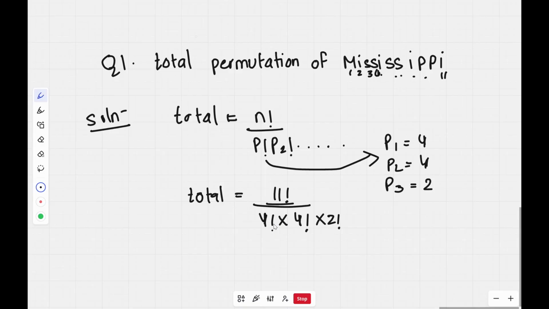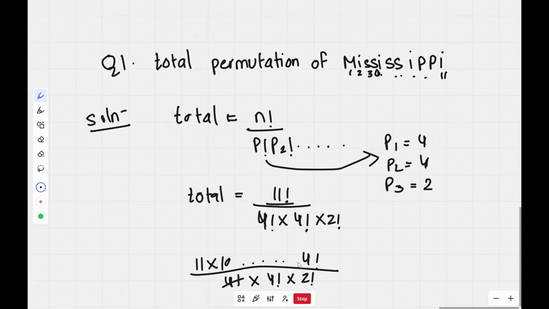So now putting the values, we have 4 factorial into 4 factorial into 2 factorial. Now this question is easy because it only requires putting values in the formula, but the hard part here is the calculation. Now we need to divide 11 factorial by this. So first we can expand 11 factorial, so we can write it as 11 into 10 all the way to 4 factorial, and divide by 4 factorial, 4 factorial also, two times, and 2 factorial.